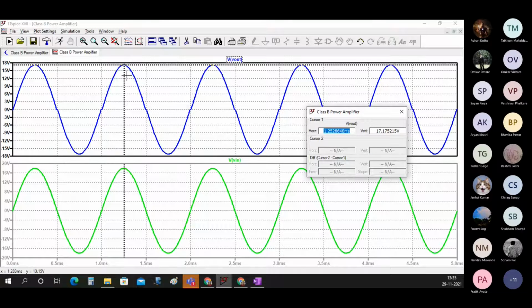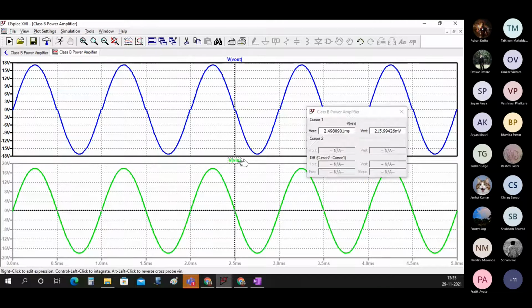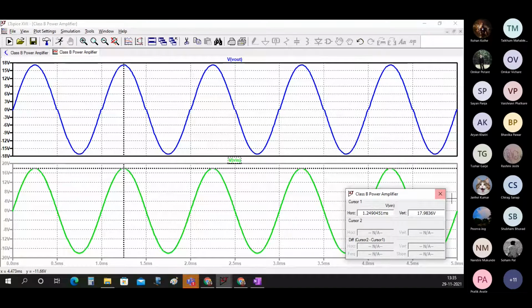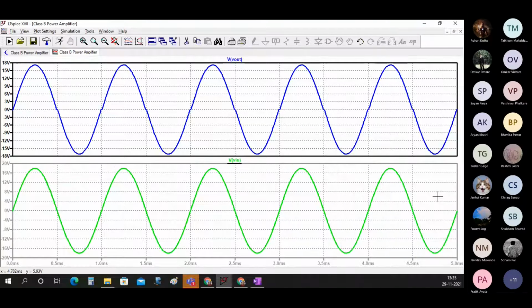So actually this amplifier does not amplify the voltage at all. And the input peak voltage would be 17.9, which is almost 18 volts.